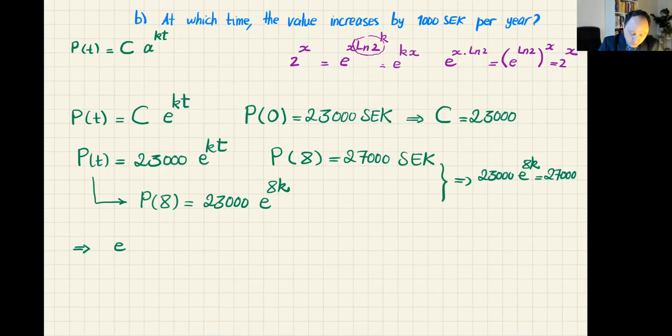So it becomes e to the power 8k is equal to 27,000 divided by 23,000. And if I simplify this by 1,000, it becomes 27 over 23. Do you remember? How can I find this k here?